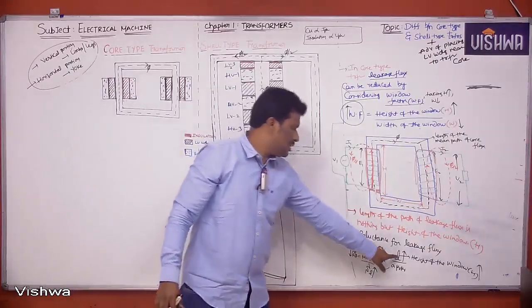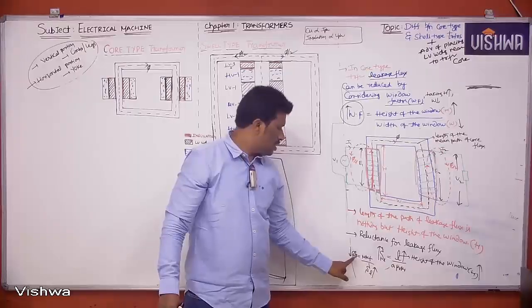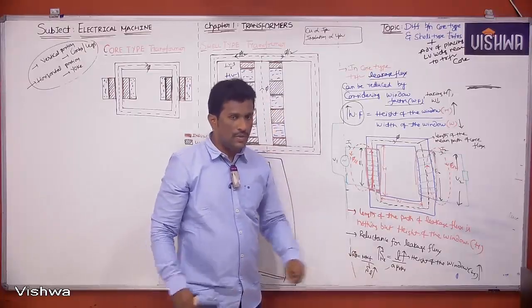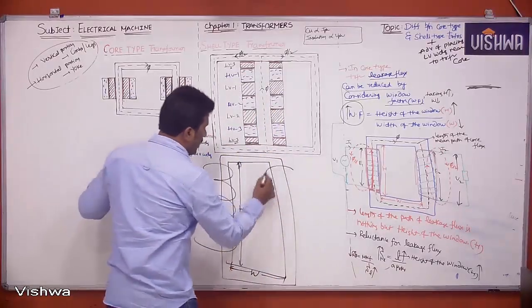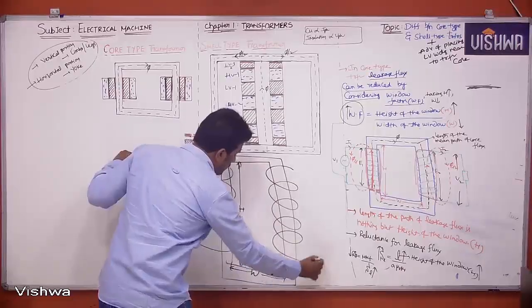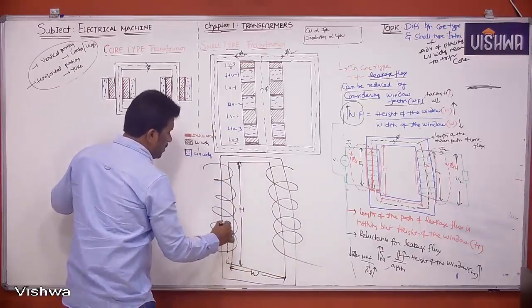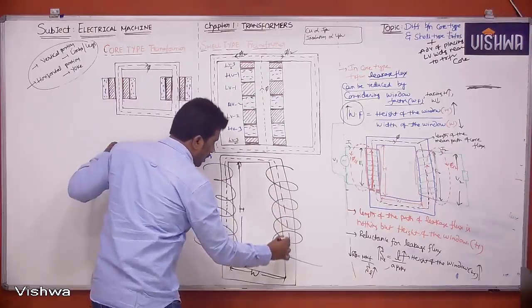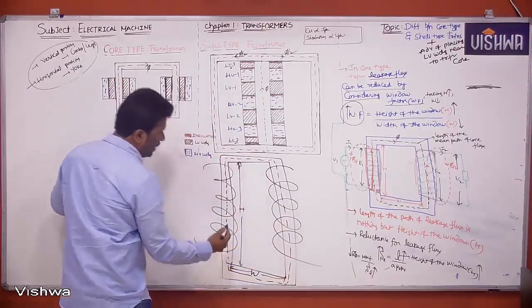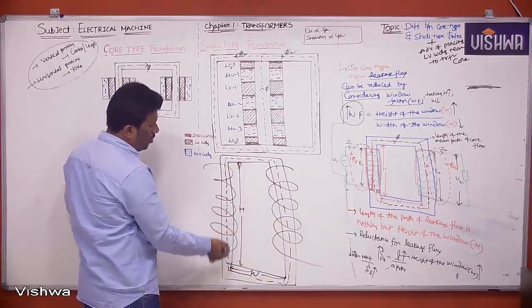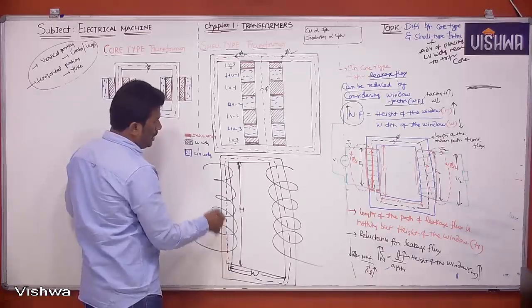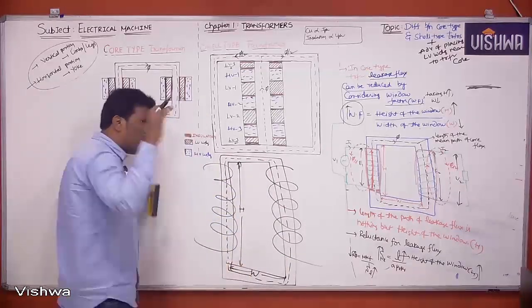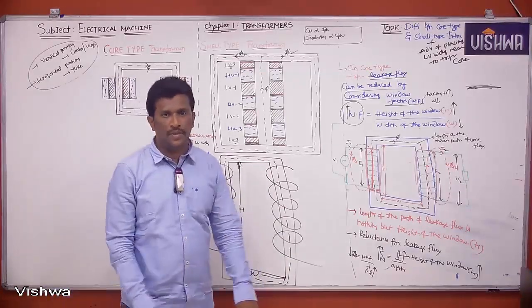Whenever l increases, S l will increase, so that leakage flux will reduce. That is okay. But what will happen to your main flux? That is also very important, because main flux will flow from here to here and from here to here. Because of keeping more height, the length of the path for your core flux is also increasing.